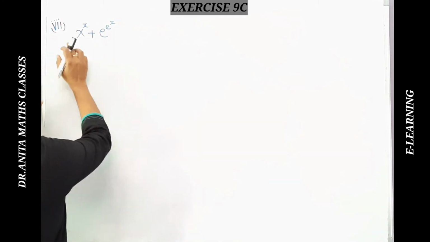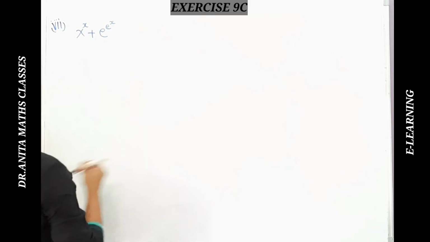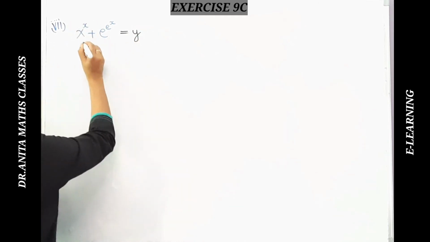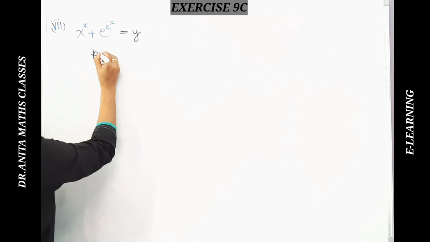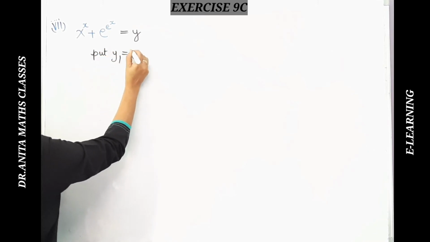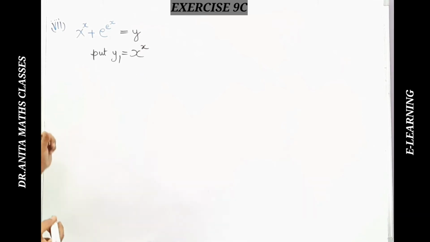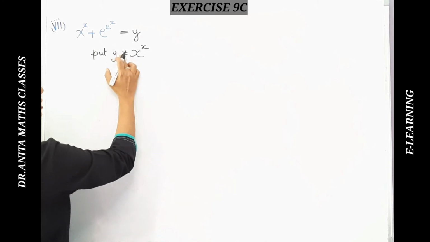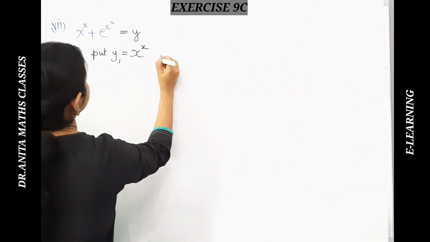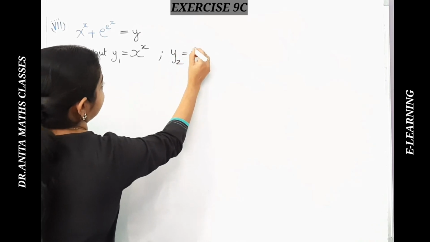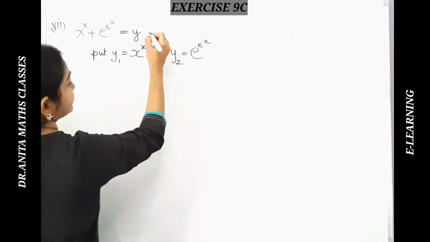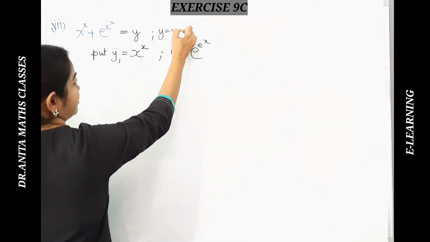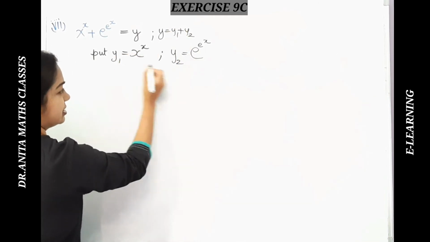So there are two functions in the form of a sum. Let y be the function, with the first function y1 equal to x raised to the power of x, and y2 equal to e raised to the power of e to the power of x. So y is equal to y1 plus y2.